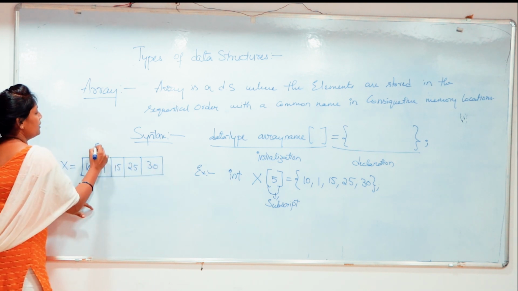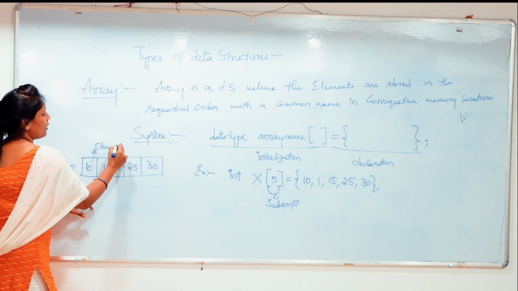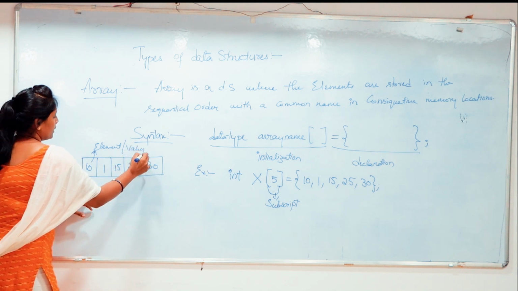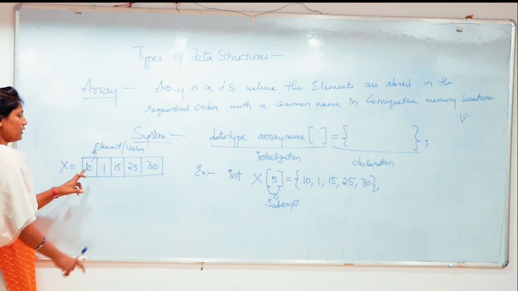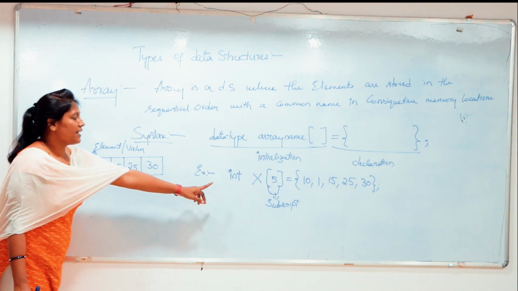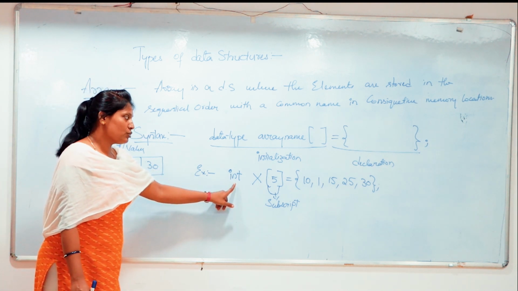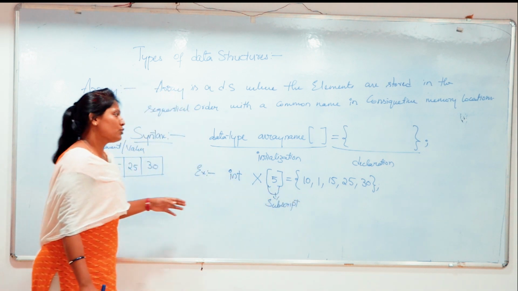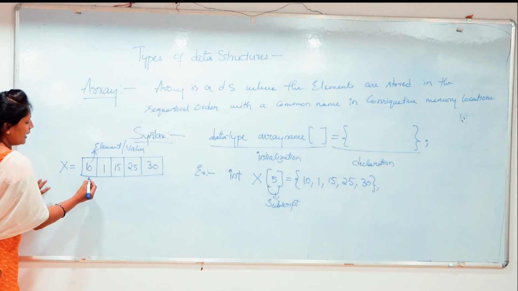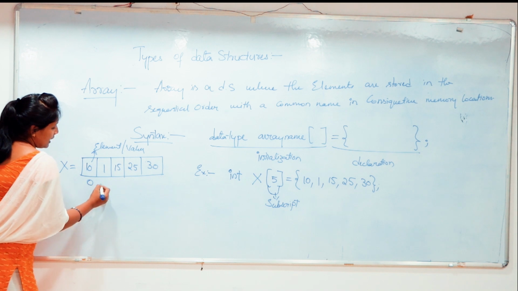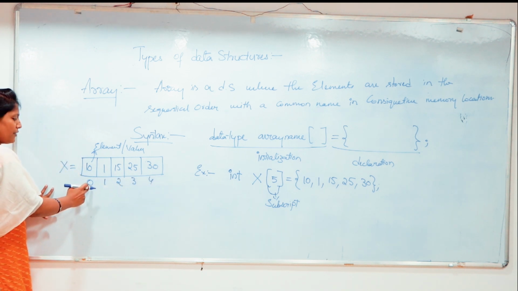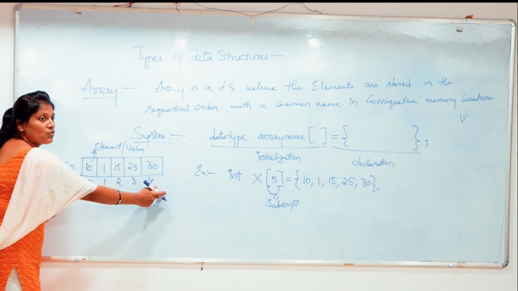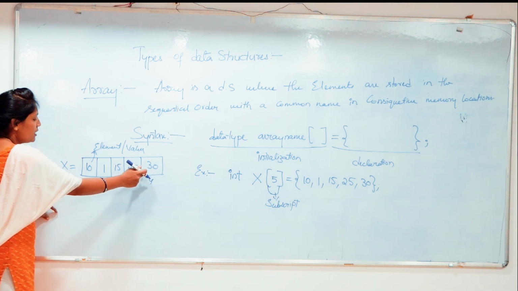These are the values of this array, and I will take only integer type as represented here, so I will take numbers to store the data in this array. And also here these are the index numbers. An array always starts from 0, and the element is stored up to the n-1th position.